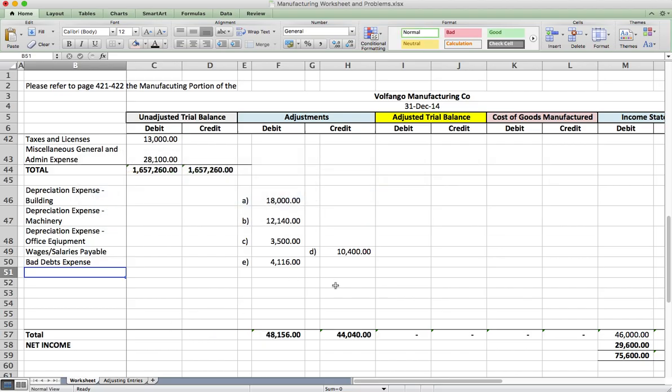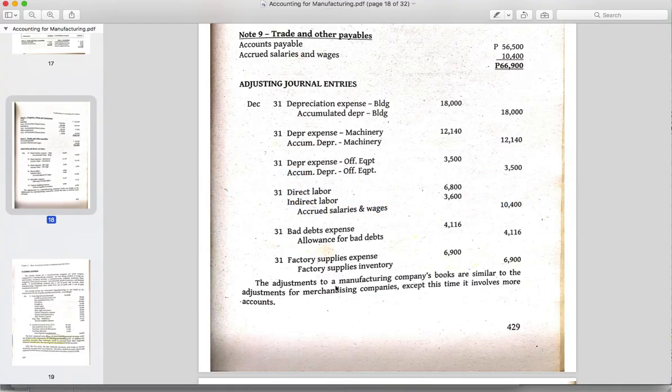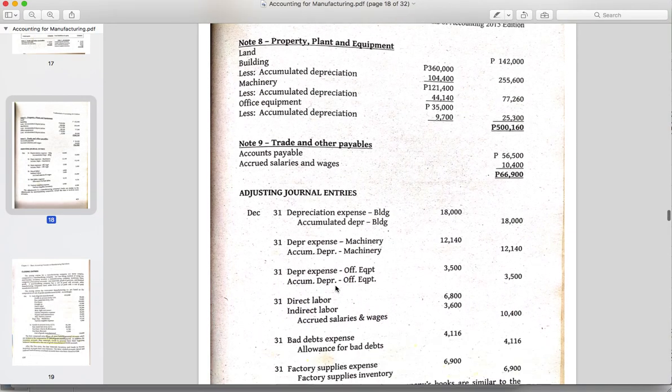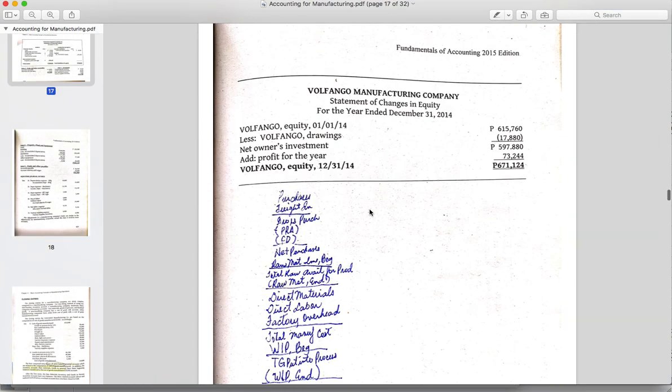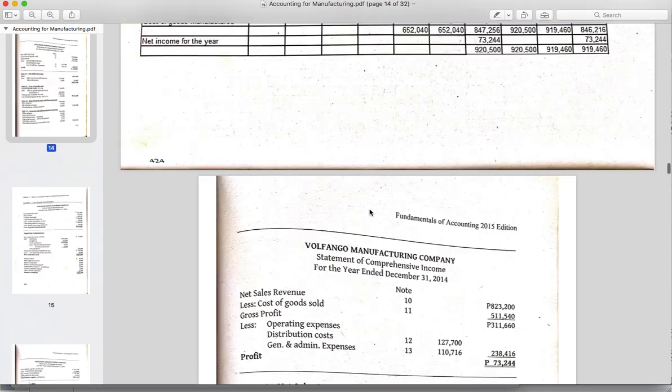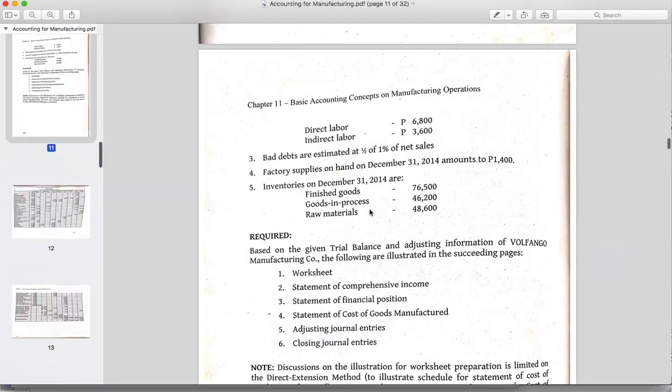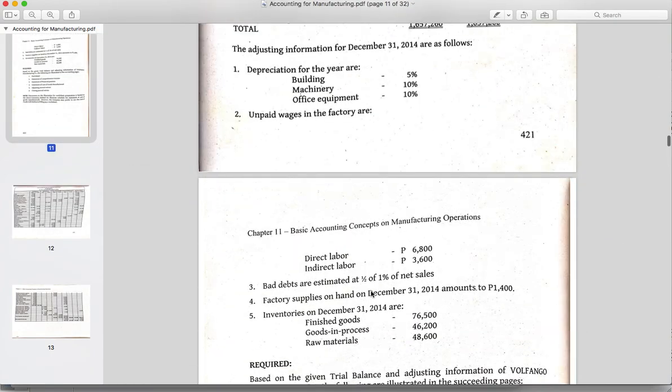Bakit 4116? Okay. Bad debts are estimated. So, siguro, ang sinabi dito ay bad debts expense are estimated at 1/2 of 1% of net sales. Okay.